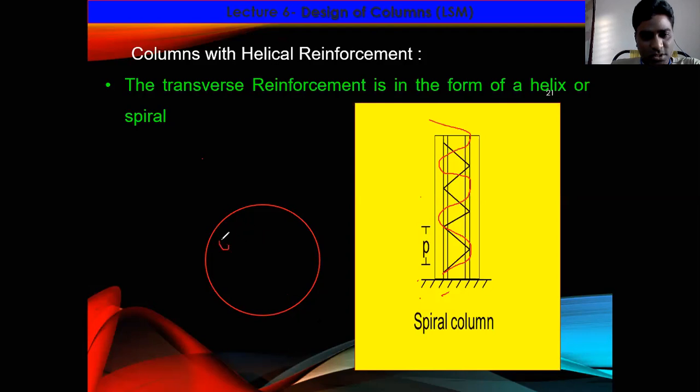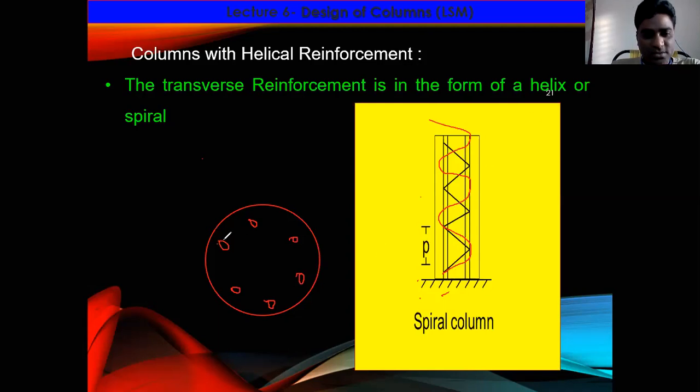These are the bars, which can be provided. So sometimes in circular columns, we can provide helical reinforcement with lateral ties, or without lateral ties, with helical reinforcement only. Here you can see there is no lateral tie, right?